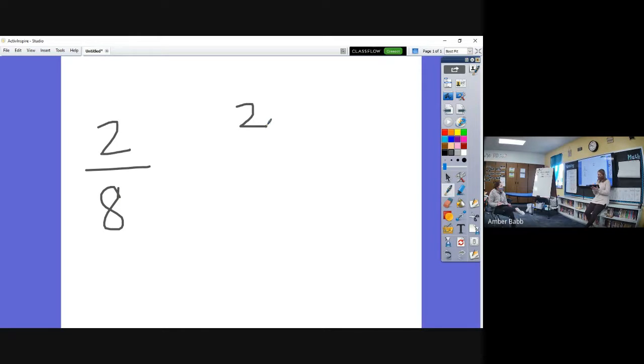Here's what I do, guys. Remember that I can think of it like a division problem. 2 divided by 8. But remember, I can add a decimal and then a 0. Okay? So now I've got 20 divided by 8. How many times can 8 go into 20? 2. 8 times 2 is 16.